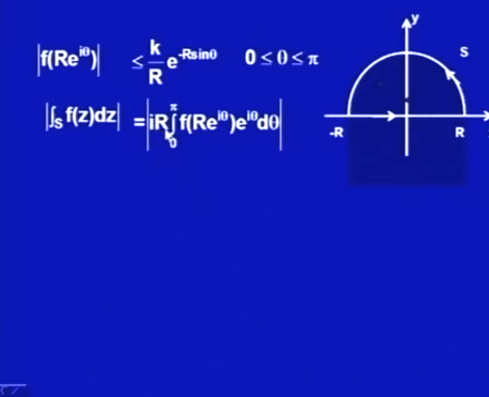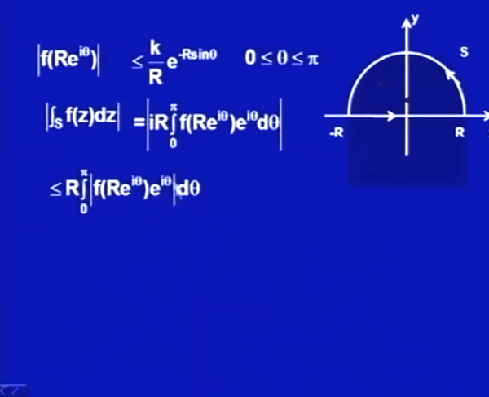The absolute value of i r is r only, and this is less than the integral from 0 to pi of the absolute value of f(r e^(i theta)) into e to the power i theta d theta. Now, the absolute value of e to the power i theta is 1, and the bound for f(r e^(i theta)) we would take as k upon r e to the power minus r sin theta.